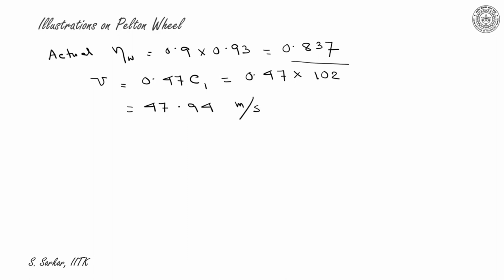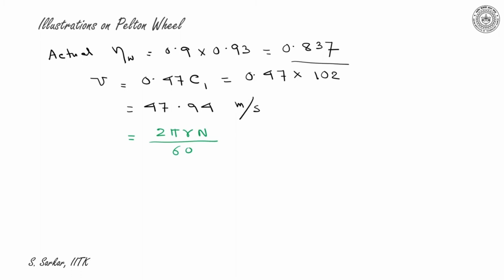So I got the value of U. Now this can be written as U is nothing but 2πRN divided by 60, where R is the radius of the wheel.